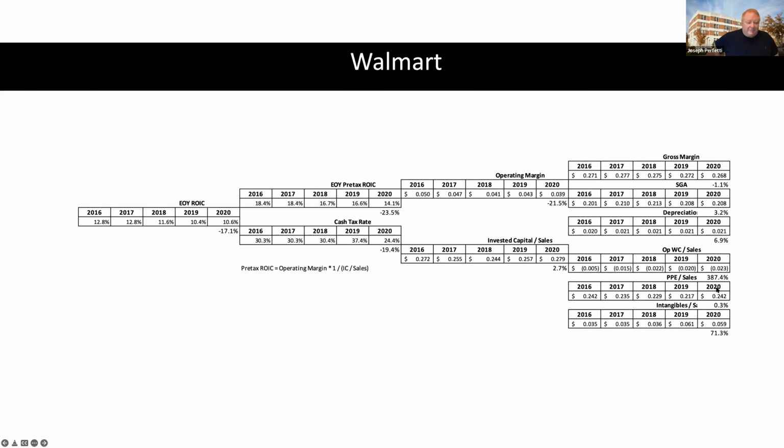We talked about the decrease in ROIC. We attributed that primarily to the decrease in pre-tax ROIC, which, looking at the operating margin, fell 21.5%. The largest change in the operating margin would be the gross margin declining.